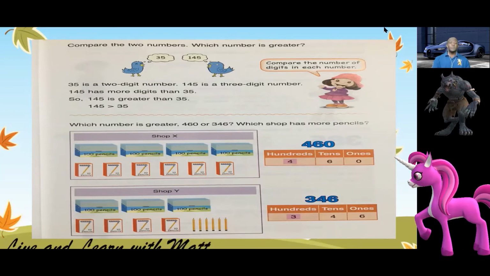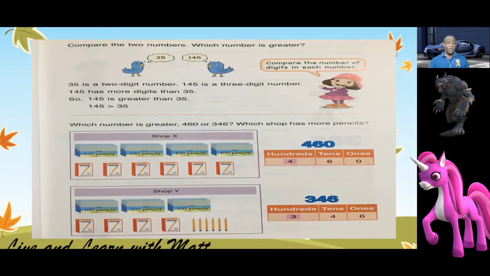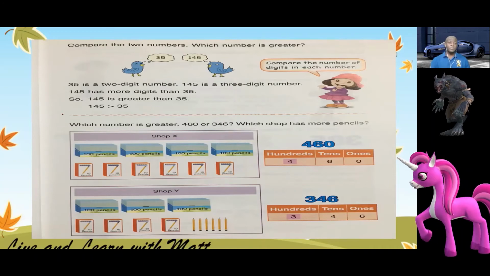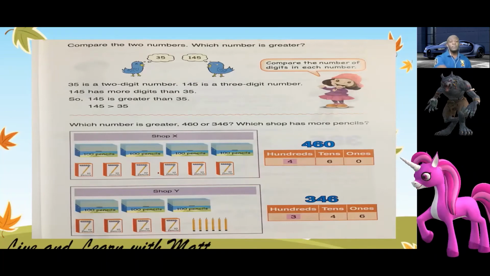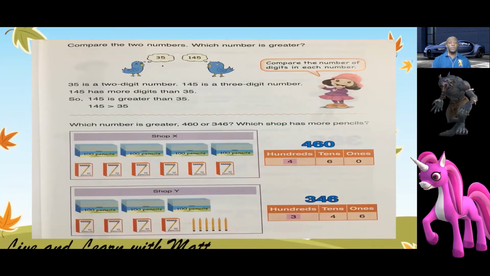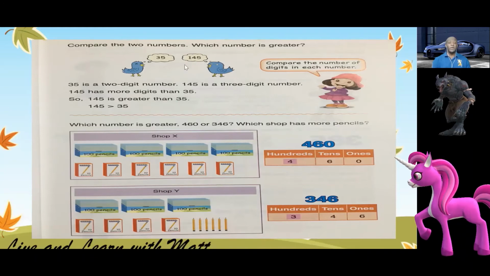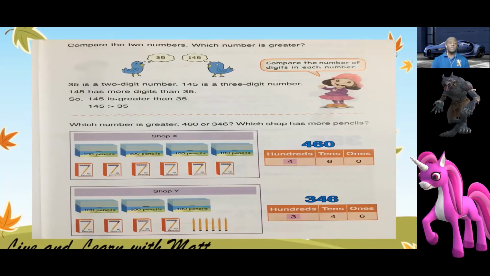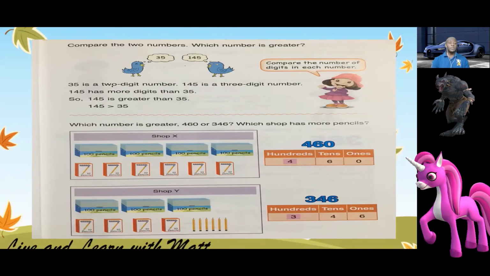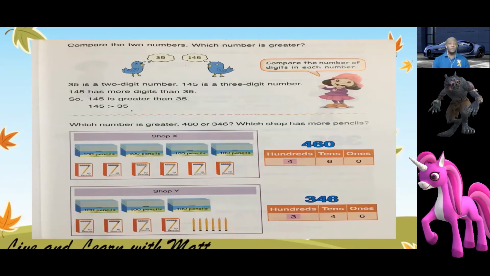Compare the two numbers. Which number is greater? We have 35 and 145. 35 is a two-digit number, while 145 is a three-digit number.